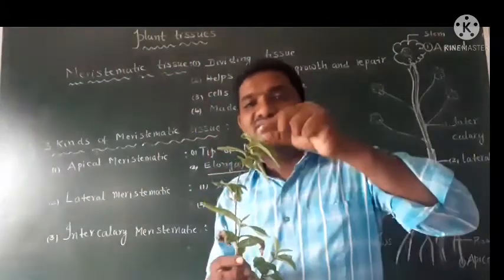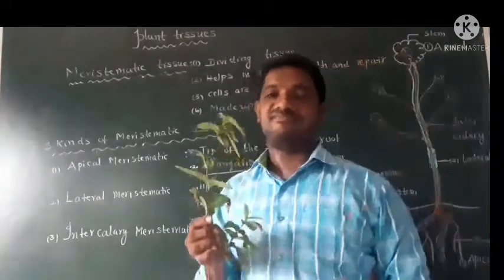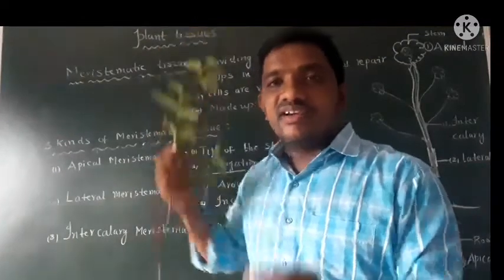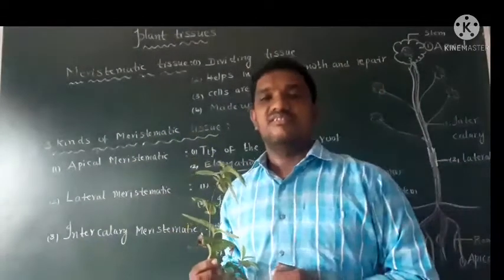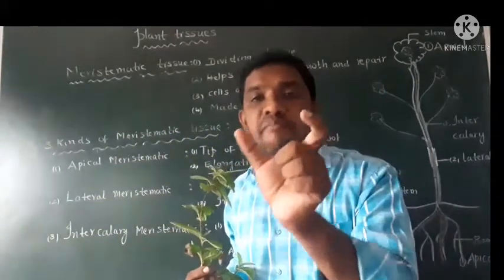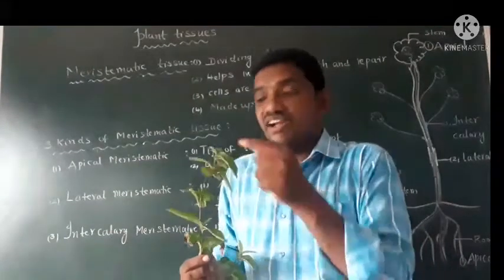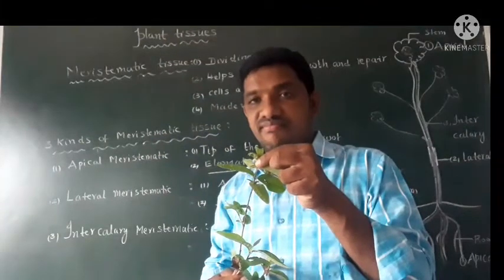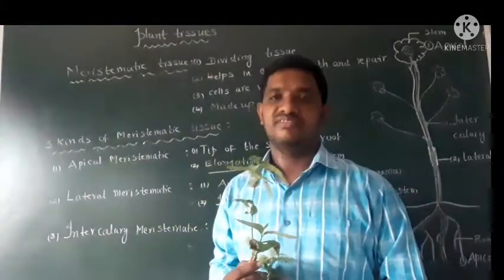So the stem is growing upwards and the root is growing downwards because continuously dividing tissues are present. What is the type of tissue? Apical meristematic. So here is extending of the root and extending of the stem. That is the function of apical meristematic tissue.